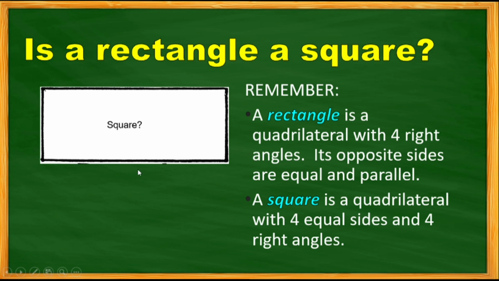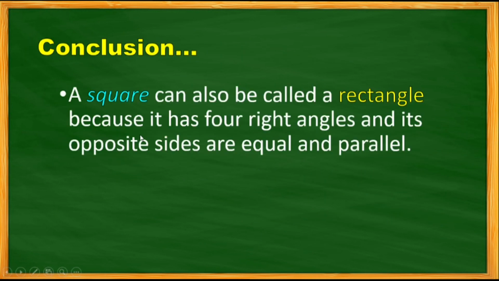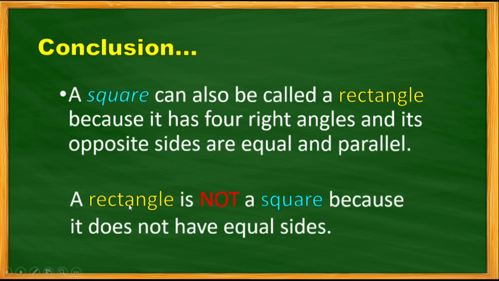Not equal to this side to this side. So we cannot say that a rectangle is a square. So, in conclusion, a square can also be called a rectangle because it has 4 right angles and its opposite sides are equal and parallel. And a rectangle is not a square because it does not have equal sides.